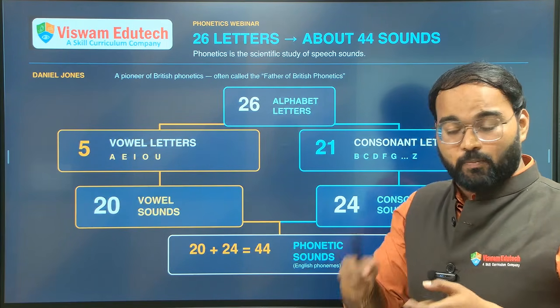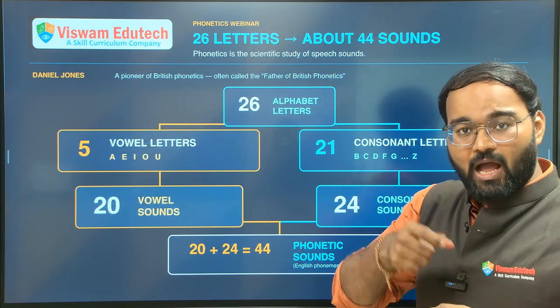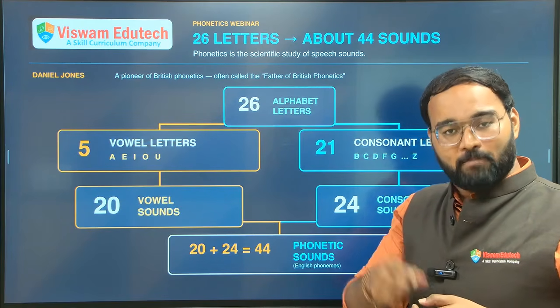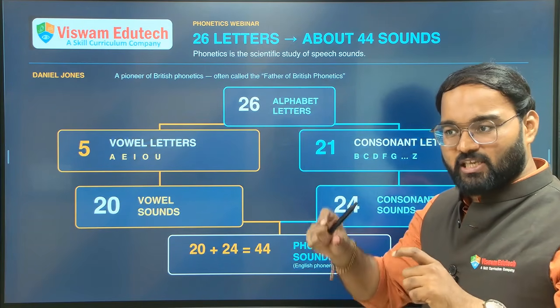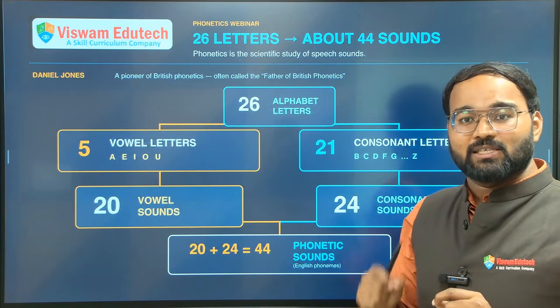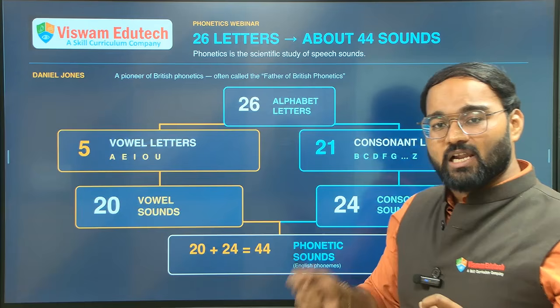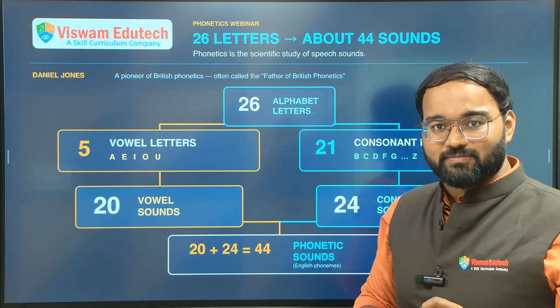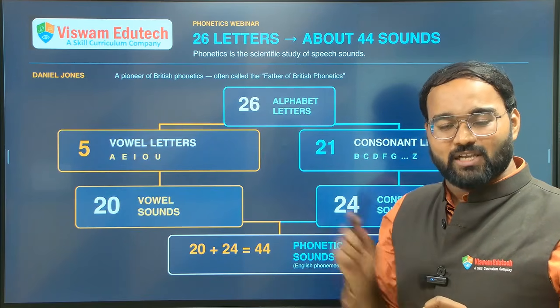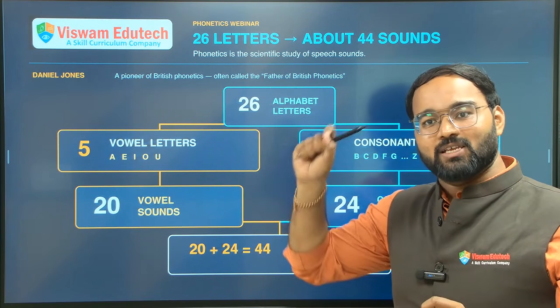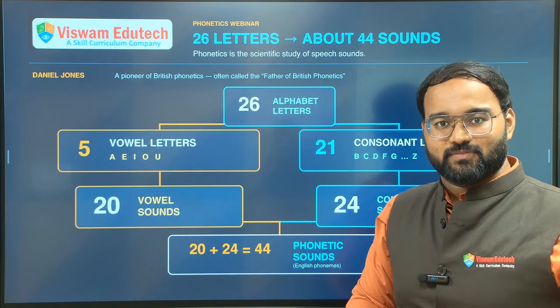That's correct, the plural form of alphabet is alphabets. But A, B, C, D are called letters. So we have 26 letters in the English alphabet. All these 26 letters together are called the English alphabet.